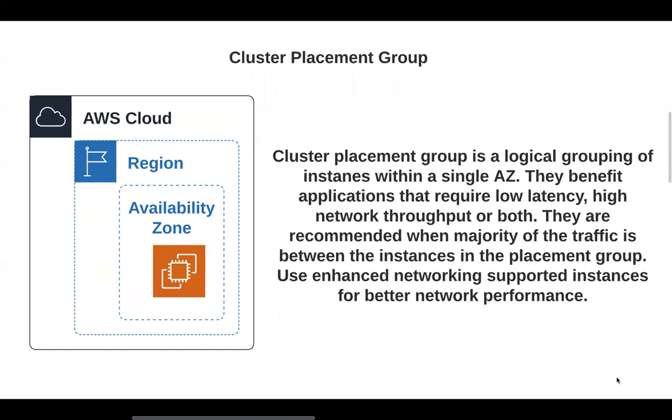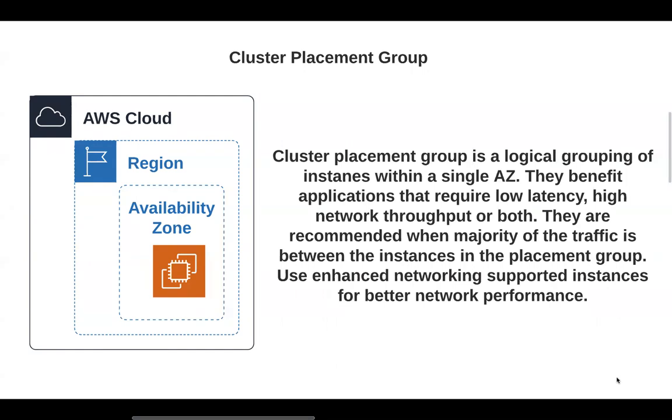With this logical grouping, what benefits do we get? We get applications that require very low latency and very high network throughput, like at least 10 Gbps. It is very much recommended when the majority of the traffic is between the EC2 instances in that placement group. It also states that you can use instance types that support enhanced networking capability in order to get much better network performance when you place all of your EC2 instances within the same AZ.